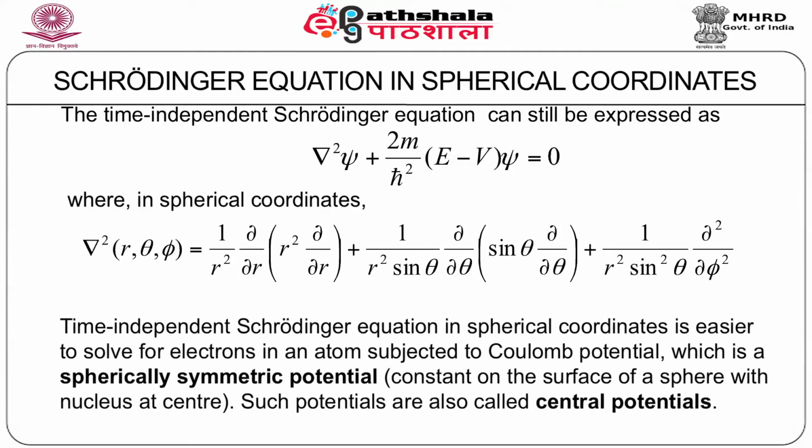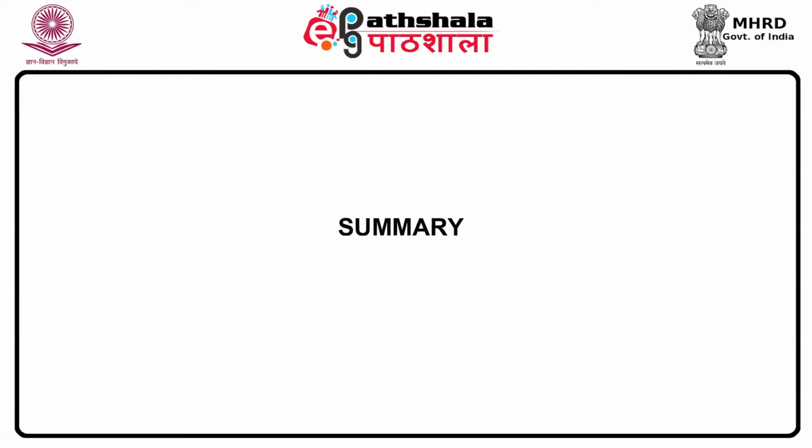But the time-independent Schrodinger equation in spherical coordinates is easier to solve for electrons in an atom subjected to the Coulomb potential, which is a spherically symmetric potential, as I've already mentioned, constant on the surface of a sphere with the nucleus at the center. Such potentials are also called central potentials.